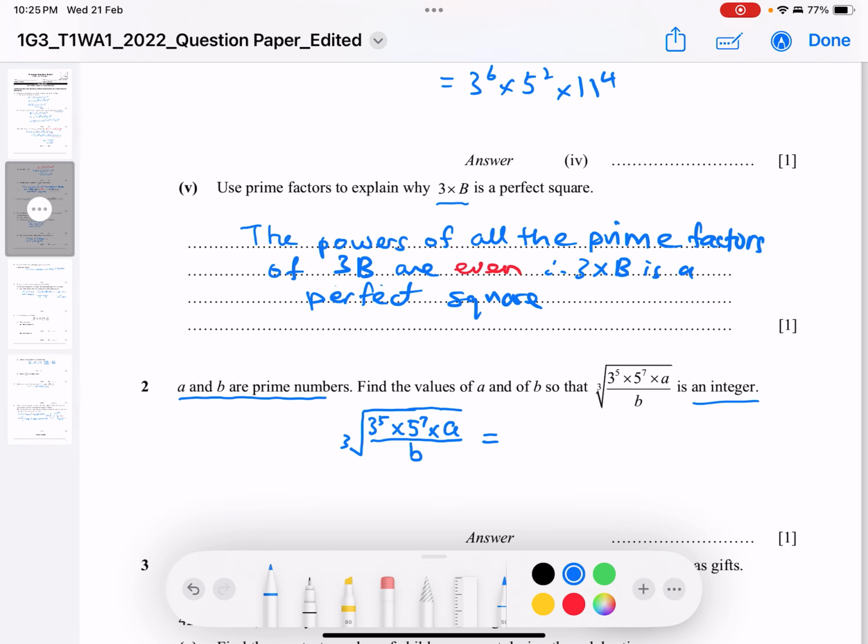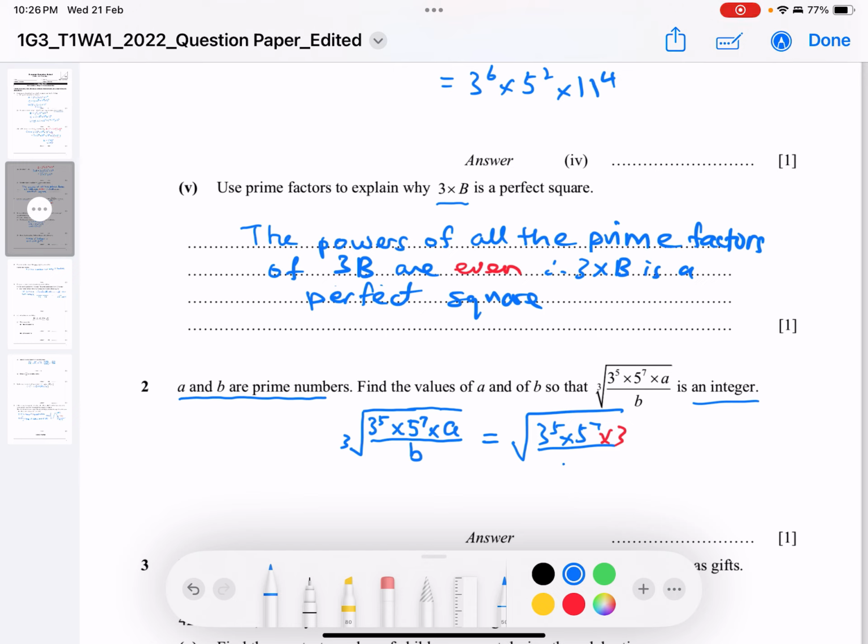And in this case here, we want to increase the power to a multiple of 3 so that we can take the cube root. Therefore, on examination, we find that we need to multiply by 3 in order to make 3 to the power 5 into 3 to the power 6.